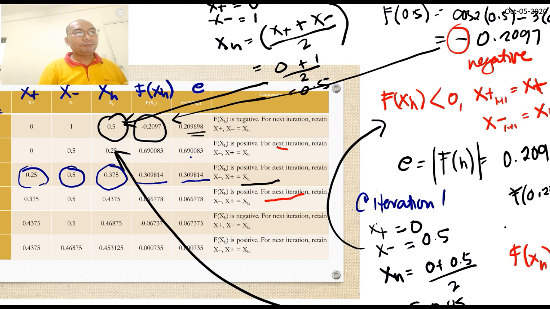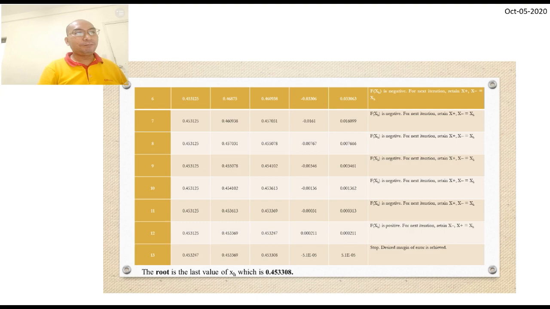You add this one and this one divided by 2, that will result to this one. Substitute that again to the equation, still positive. So x plus will be x sub h, and x minus will retain its value. So you will just continue to solve using the conditions given until you reach the desired error.